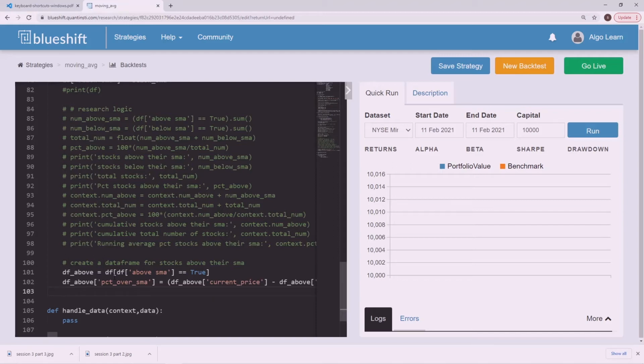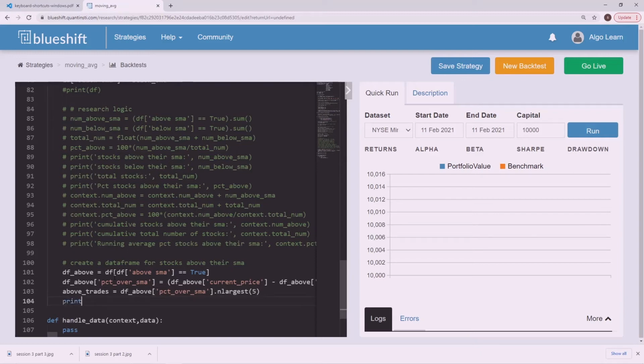So we're going to call above trades underscore above. We want to rank this column, and we want to take the largest 5.